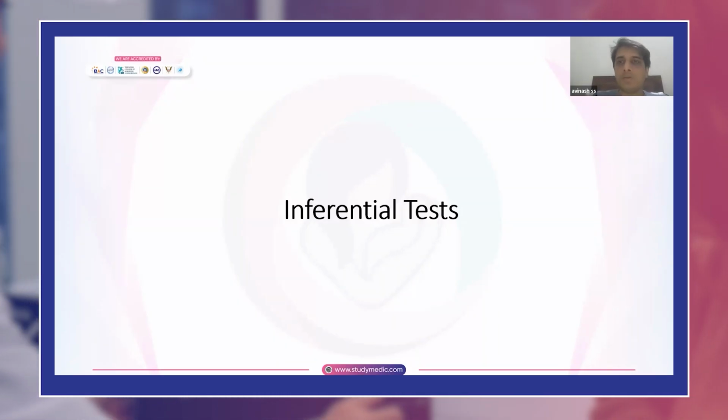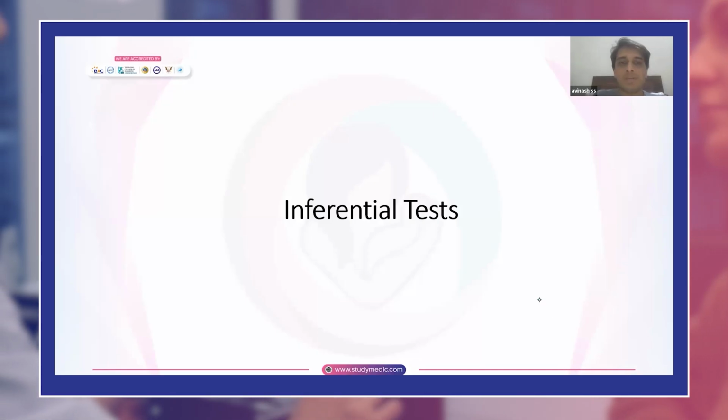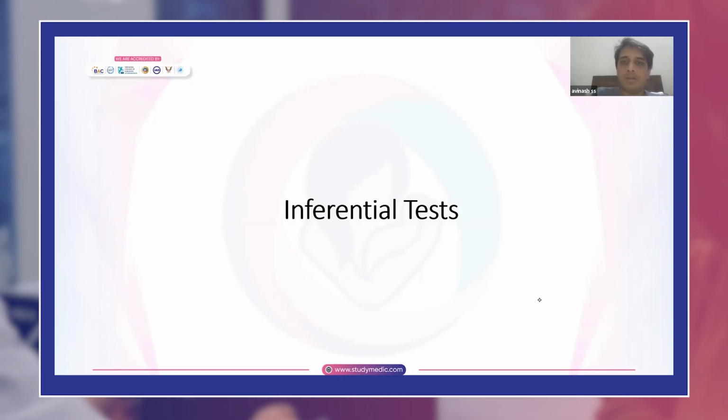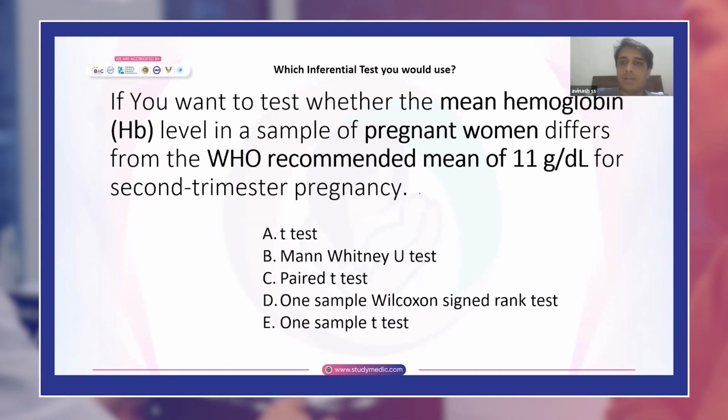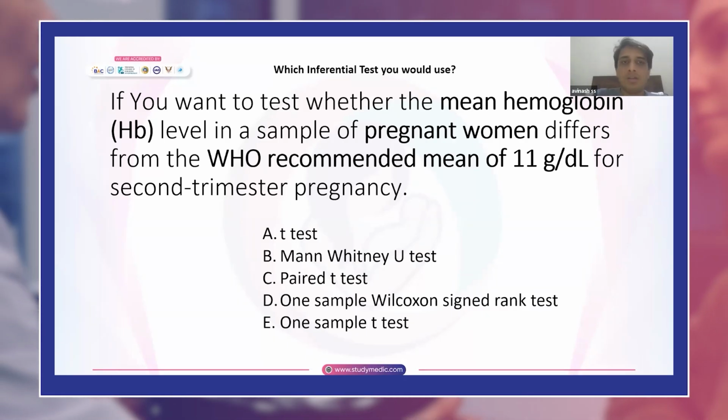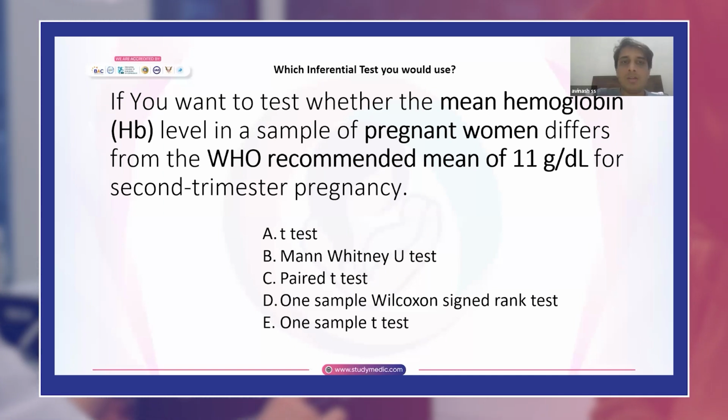If you want to test whether the mean hemoglobin in a sample of pregnant women differs from the WHO recommended mean of 11 grams per deciliter for the second trimester of pregnancy, that means here you are testing mean hemoglobin, which is a continuous variable, in a sample of pregnant women.